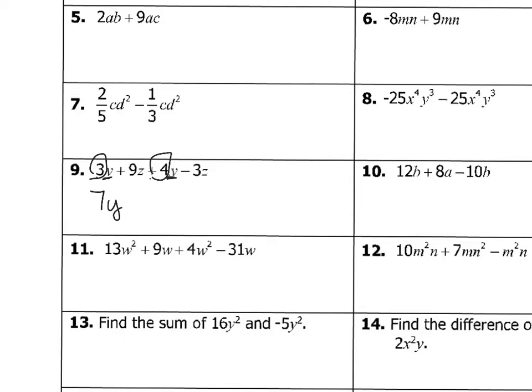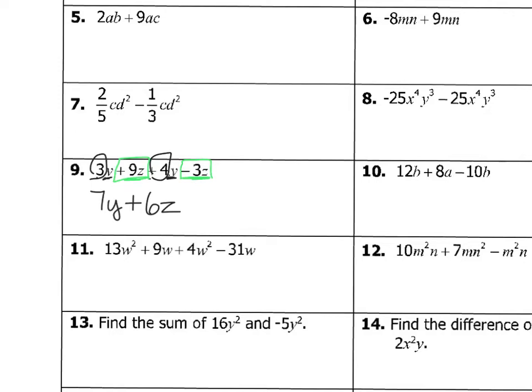And then I'm going to look at my z's. And y'all remember, the sign in front of your coefficient goes with it. So 9 plus negative 3 is positive 6z. Okay?